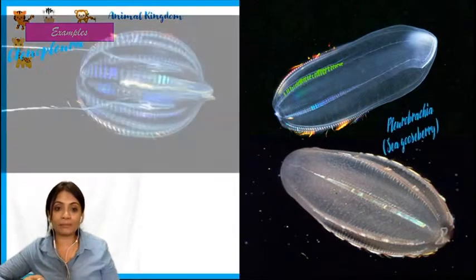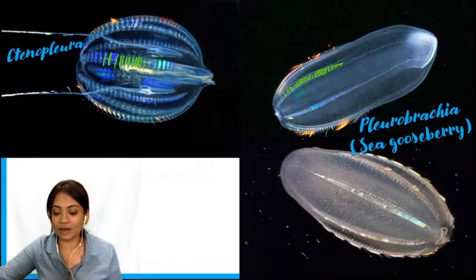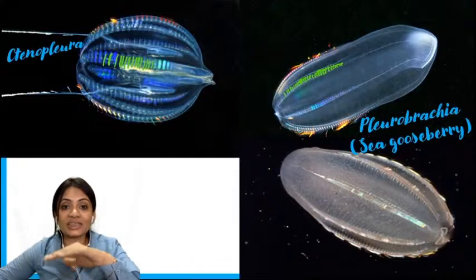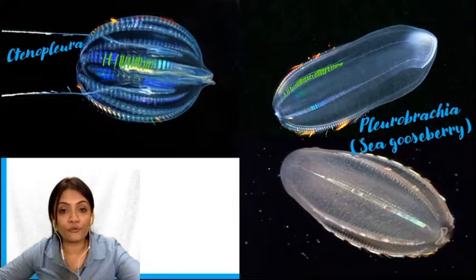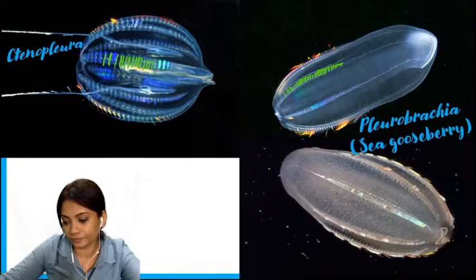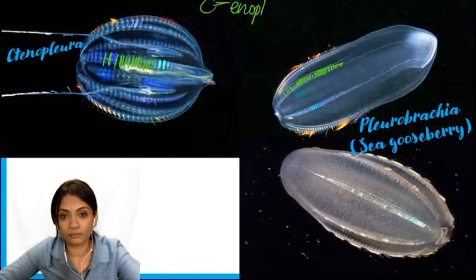Look at the other example, it will make it even more clear. Can you see the small lines over here? These small lines look like combs. And that is the very reason why these are called Ctenophora.